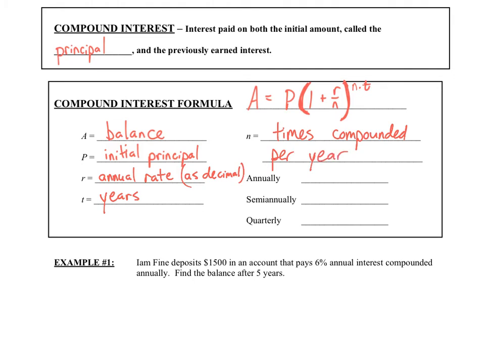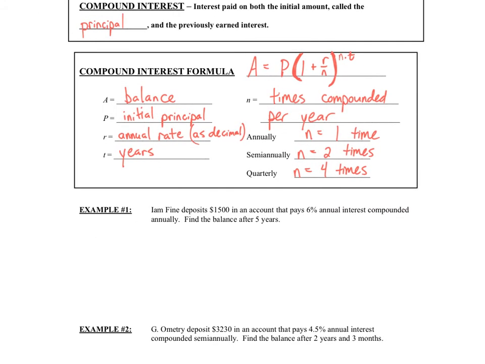If it's annually, that means N is going to equal 1 time. If it's semi-annually, that means N will equal 2 times. And if it's quarterly, that means N will equal 4 times. Quarterly for semi-annually means you cut it in half, so it's 2 times.